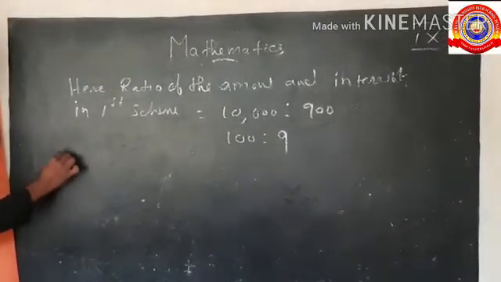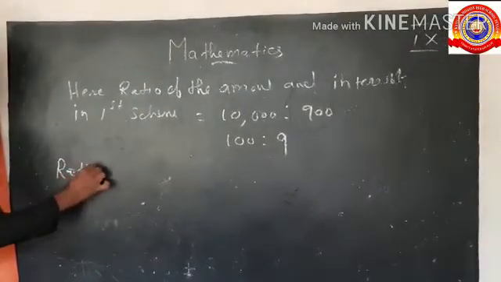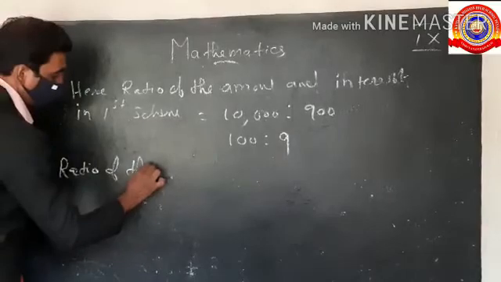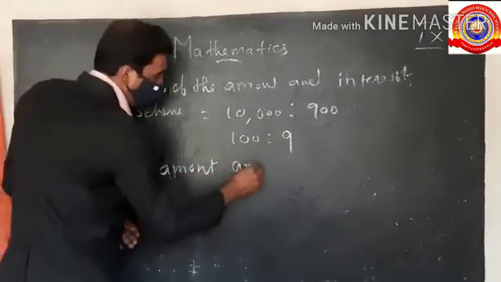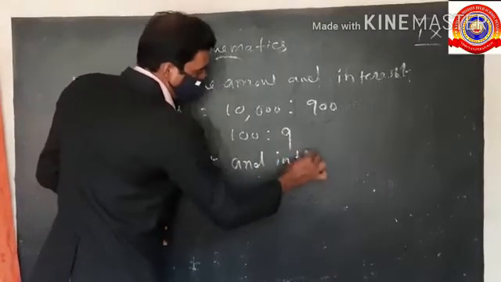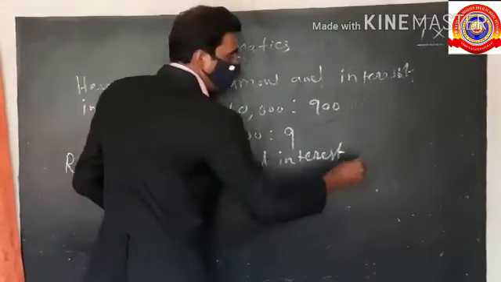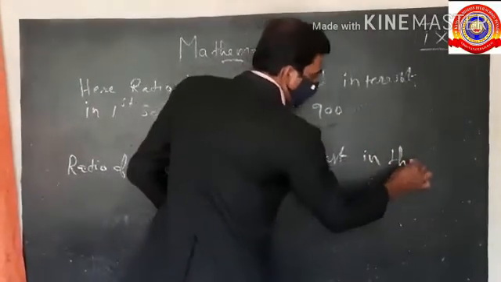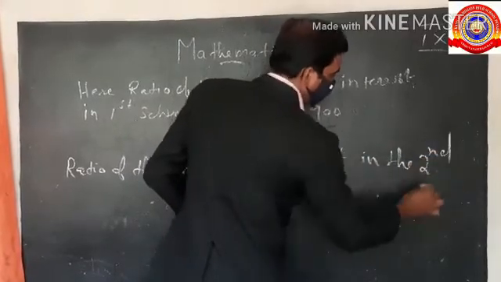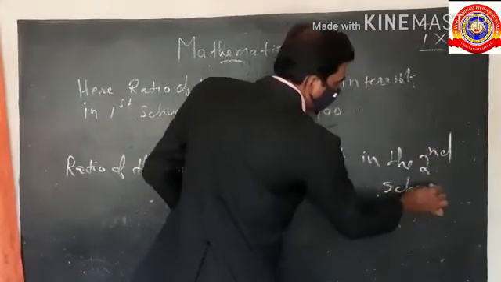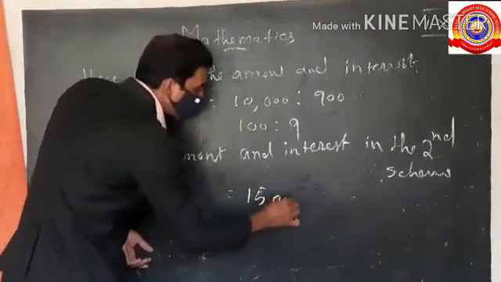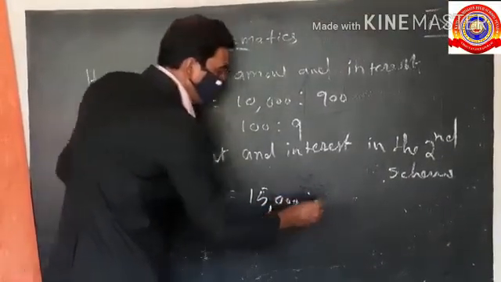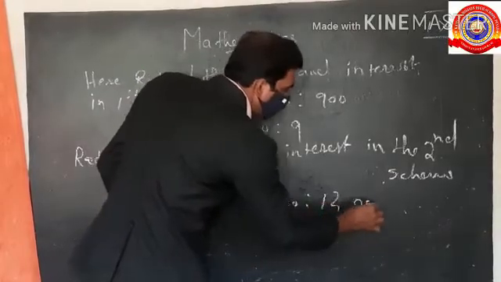Ratio of the amount and interest in the second scheme, which is equal to 15,000 is to 12,000.